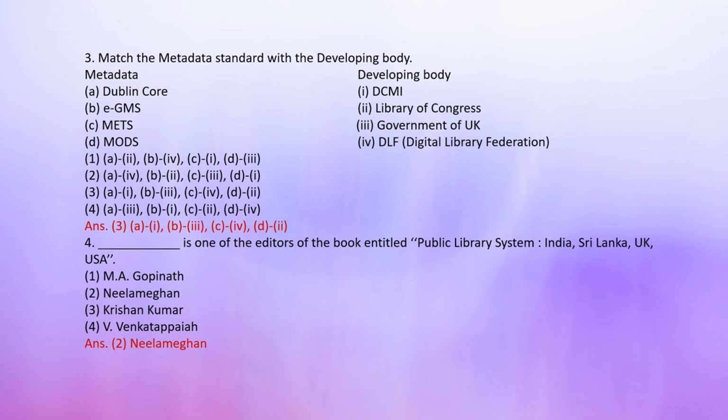C, METS, developing body DLF, Digital Library Foundation. And D, MODS, developing body Library of Congress. And correct answer is number 3. A, Dublin Core goes with DCMI. B, EGMS goes with Government of UK. C, METS goes with DLF, Digital Library Foundation. And D, MODS goes with Library of Congress.